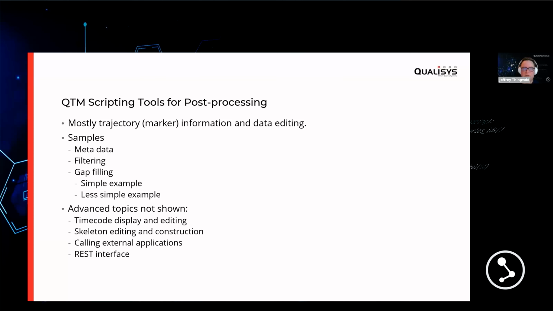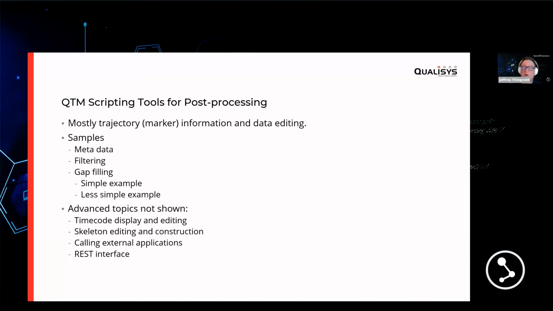But for advanced users, let it be known that there's a lot of different kinds of data that can be edited and created and manipulated, such as timecode information for animation customers typically. You can review timecode information, you can change it, you can fix it if it's wrong.